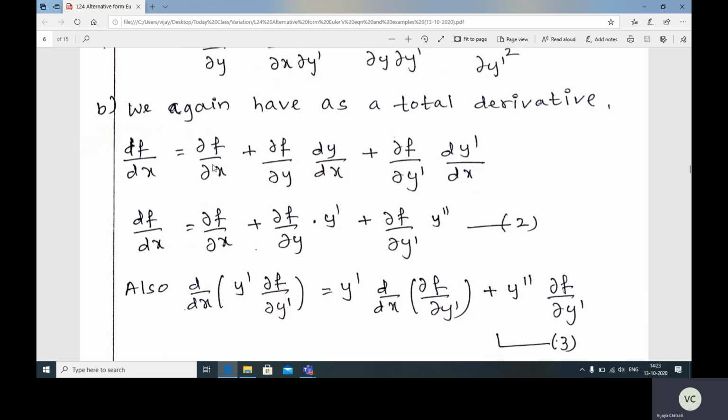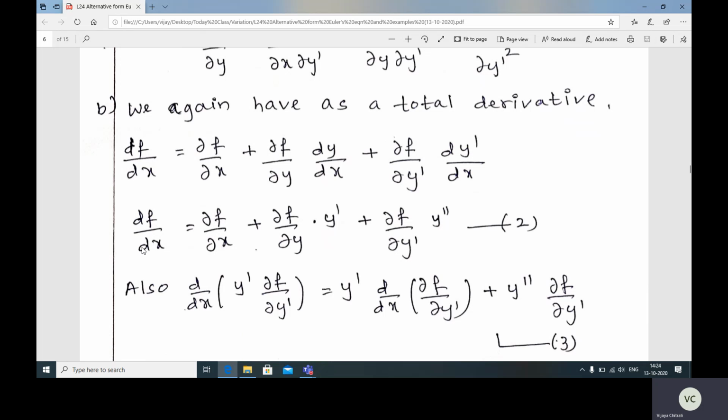So 1 into ∂f divided by ∂x is ∂f divided by ∂x, plus ∂f divided by ∂y dy by dx, plus ∂f divided by ∂y' dy' divided by dx, or d by dx of y', which will be y''. ∂f divided by ∂y' is as it is. dy by dx is y', and ∂f by ∂y is as it is, and this term is as it is, ∂f by ∂x.